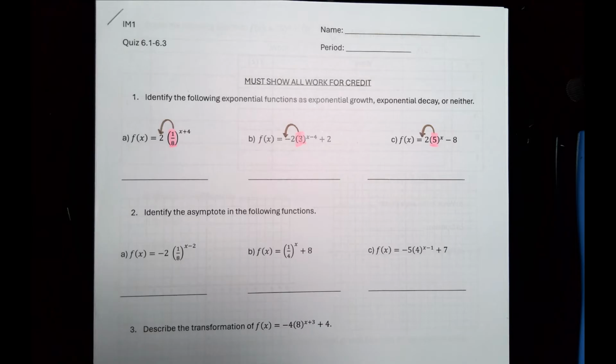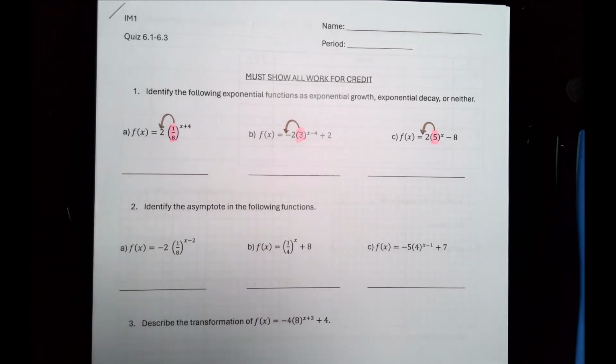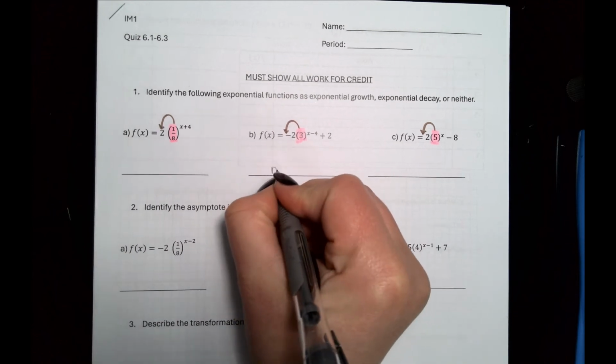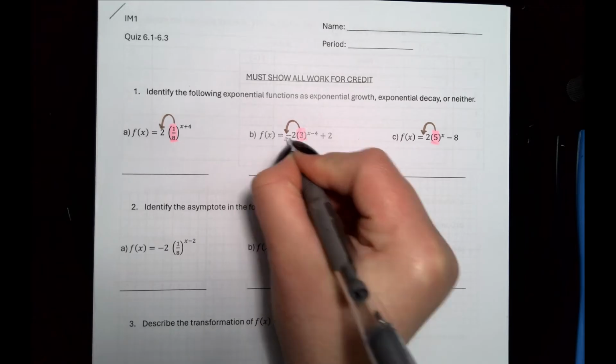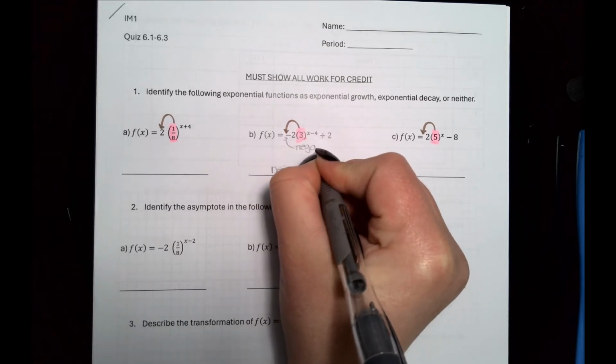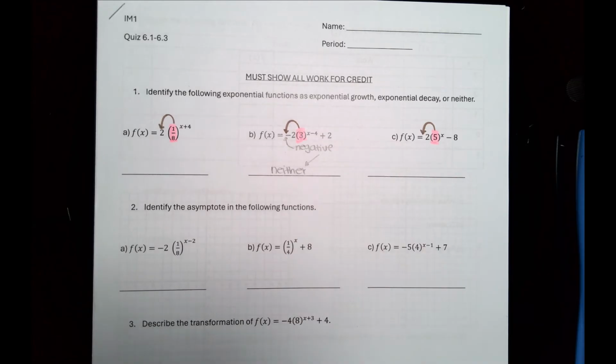If the a value is negative, then we have a neither. And this is because we see a negative. If, however, we do not see a negative, that means neither cannot be our answer. It's going to be a growth or a decay.